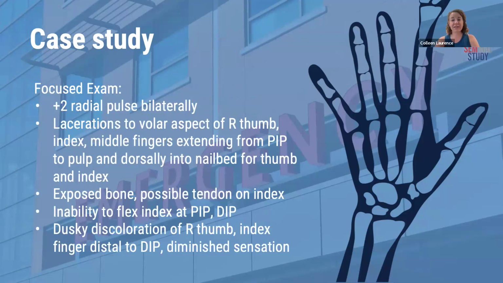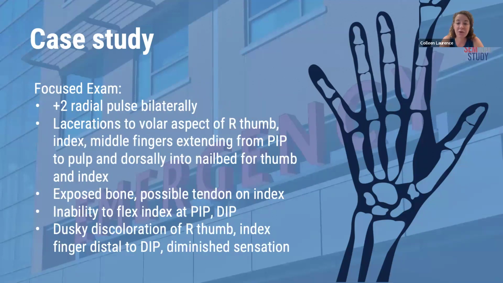So returning to the case, here are your focused exam findings. You have a +2 radial pulse bilaterally, lacerations to the volar aspect of the right thumb, index and middle fingers extending from the PIP to the pulp, and dorsally into the nail bed for the thumb and index finger. There's exposed bone, possible tendon on your index finger.